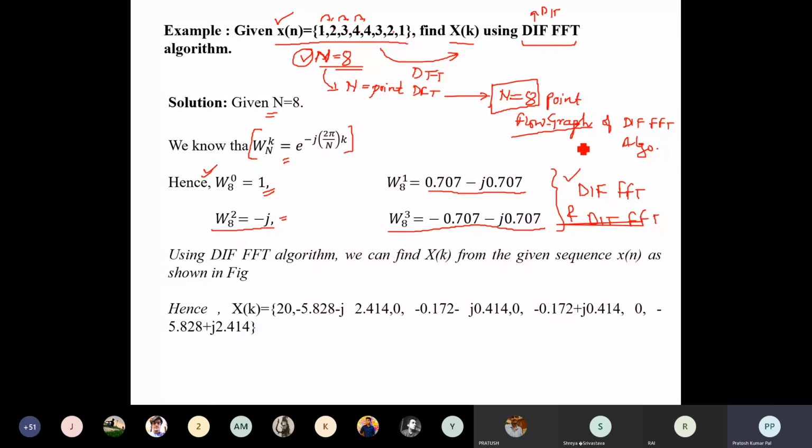So now we will be using the flow graph. What is the flow graph? We will be drawing this flow graph.